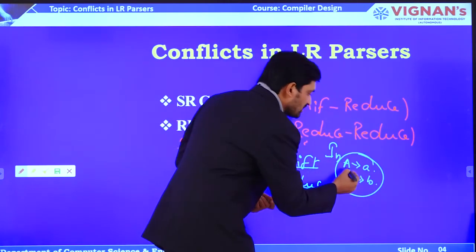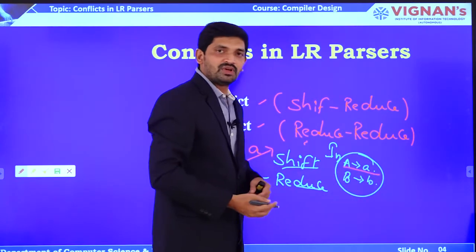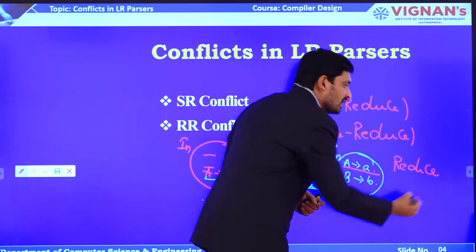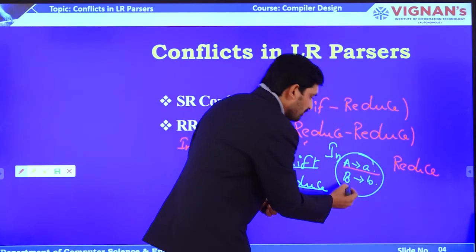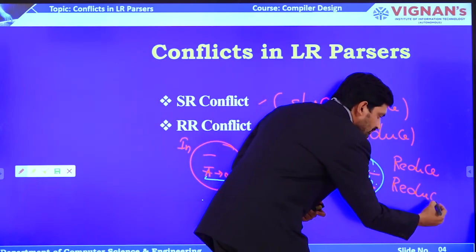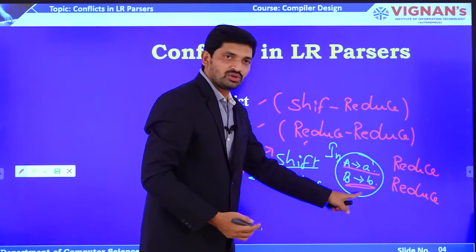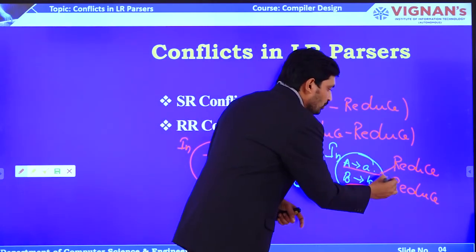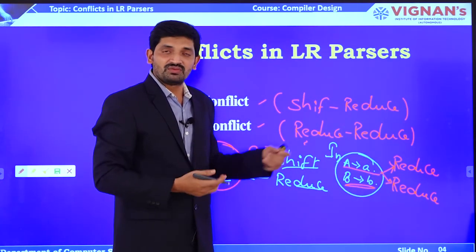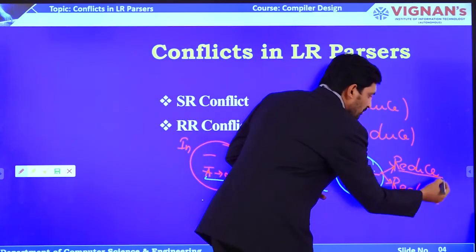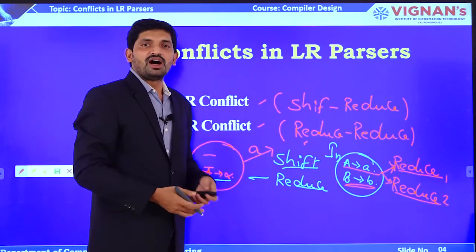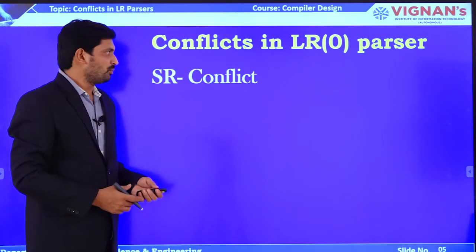So here, because of this final item, I have to place a reduce operation in the table, and because of this final item also, again I have to place a reduce operation. So, in this particular state, I need to perform 2 reduce operations. Here also the parser gets confused whether it has to perform the first reduce operation or the second reduce operation, which leads to the RR conflicts in LR0 parser.